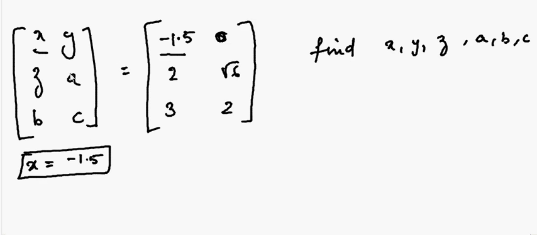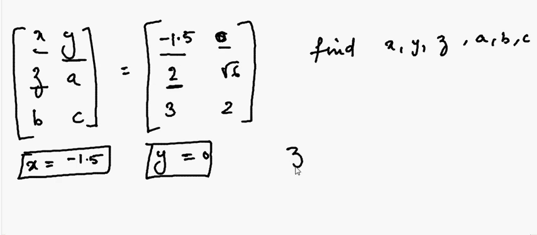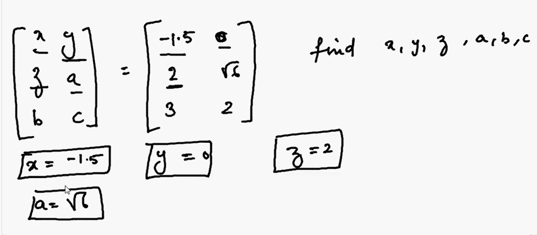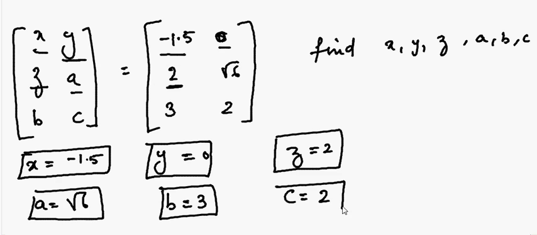Equating Y with its corresponding element, Y is equal to 0. Z is equal to 2. A is equal to root 6. B is equal to 3, and C is equal to 2. I hope you are clear on how to find the unknown elements if two matrices are equal.